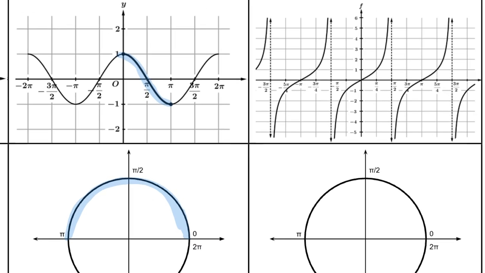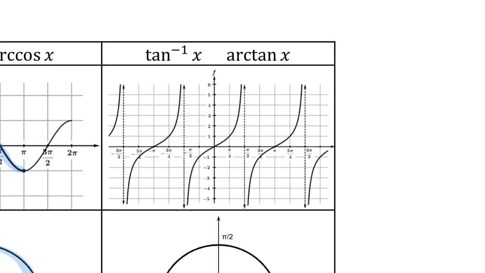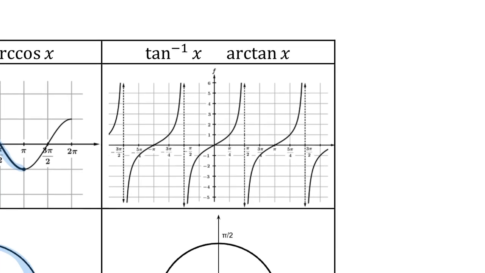Last but not least, we do the same vibe for inverse tangent or arctangent. This is what tangent looks like back from chapter 4. And it passes the vertical line test, but it does not pass the horizontal line test. So in its current state, it is not one-to-one. But if we take just one of those extended S's, just that one would pass the horizontal line test.